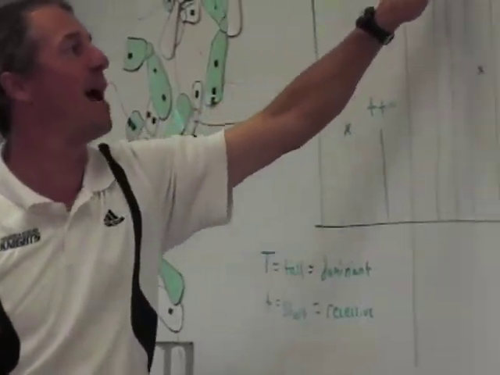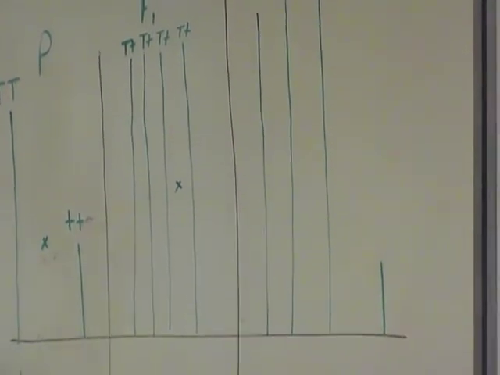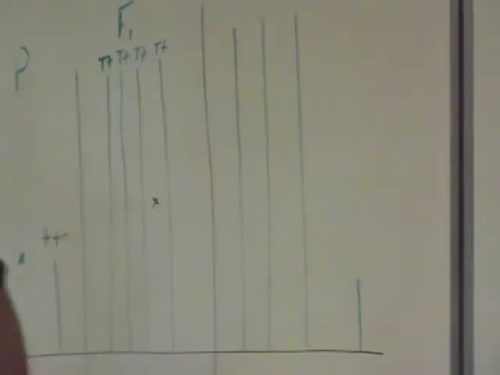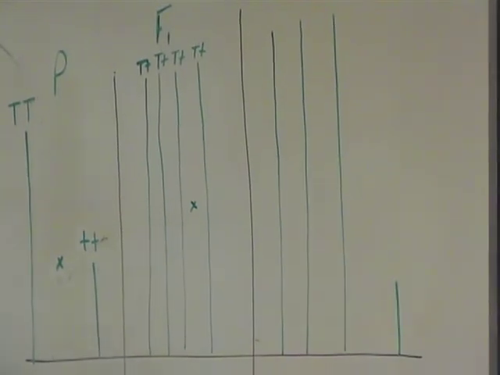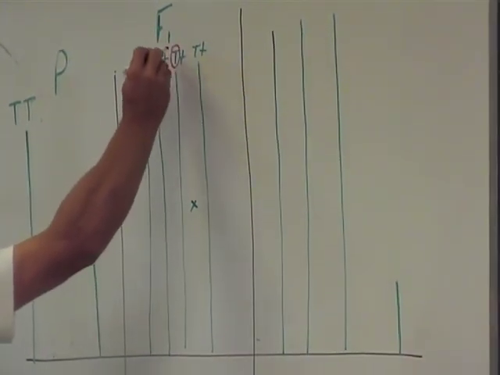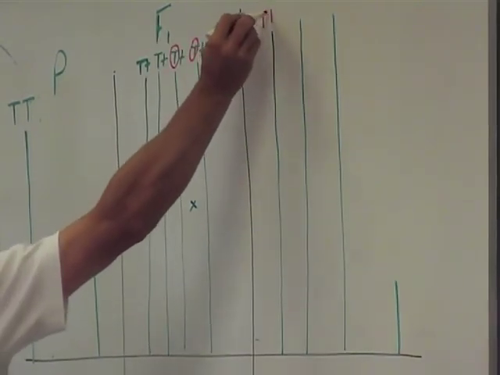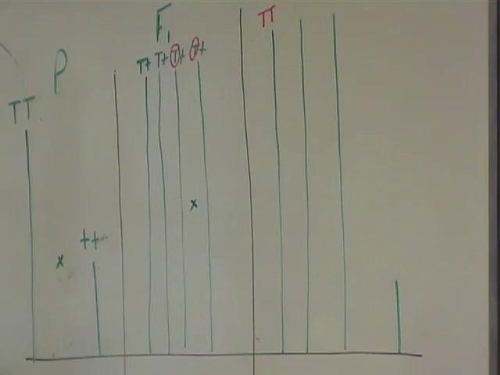However, if you cross 2 of these together, now see if you can follow. Here's where it gets confusing. There are 4 possibilities. This parent could give that big T, and this parent could give that big T, and this kid would be big T, big T. And that's a tall kid.